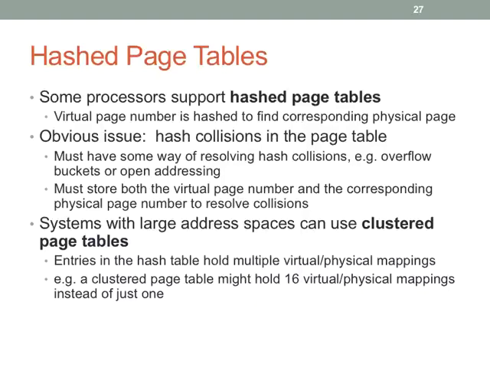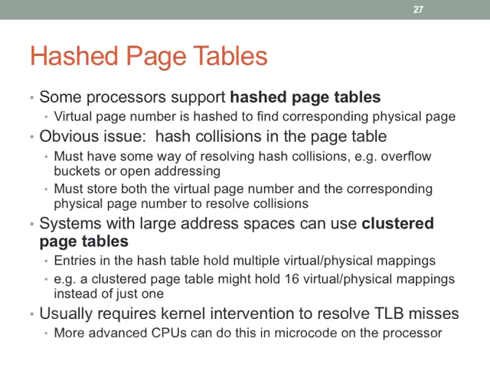Again, if you have this kind of clustering, then you want to have software invoked TLB lookup resolution so that you can have the OS implement that complexity. But you can see that this is crazy. It's necessary because you have a large address space, but it's crazy because the processor is now running software to resolve memory accesses, so it's going to be slow on misses. Okay, crazy stuff.